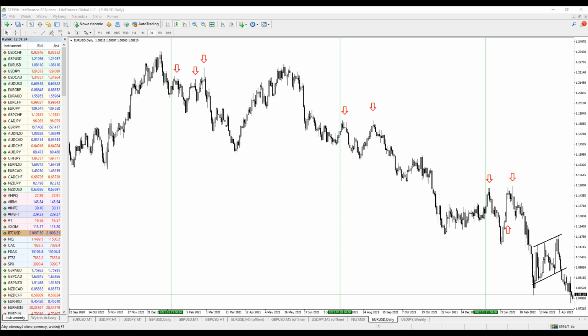I really love them because they are telling me what I should expect on the lower time frame. Especially on the daily chart, if I have an upper or lower shadow, I know from the lower time frame where my entry is, where my stop is, and where my target is.